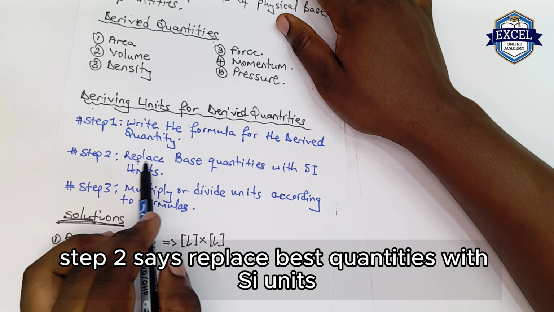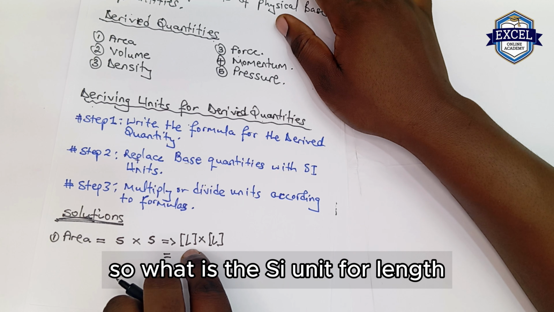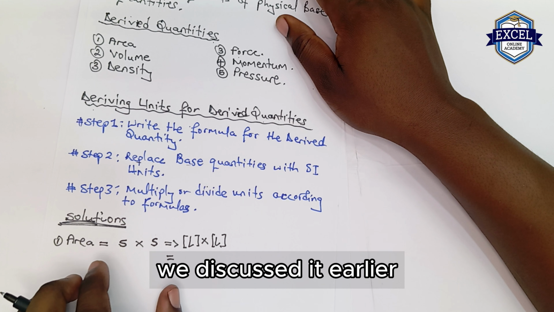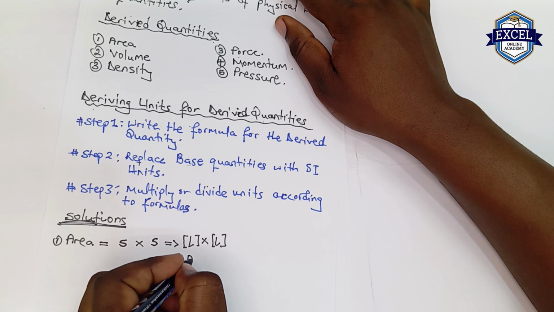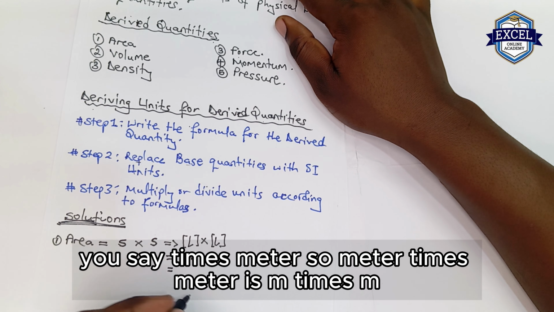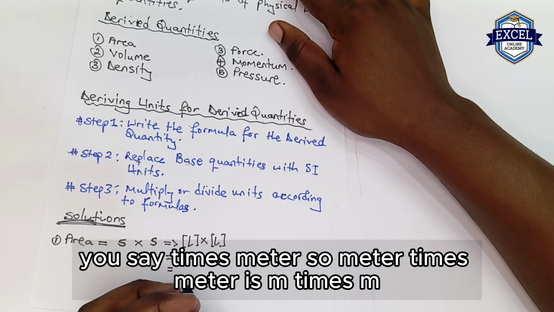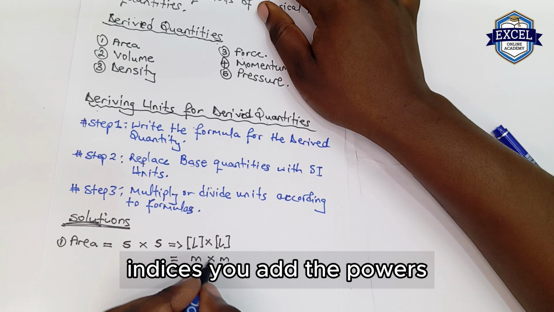Step 2 says replace base quantities with SI units. So what is the SI unit for length? We discussed it earlier. The SI unit for length is the meter. You say meter times meter, which is m times m. In multiplication of indices, you add the powers.